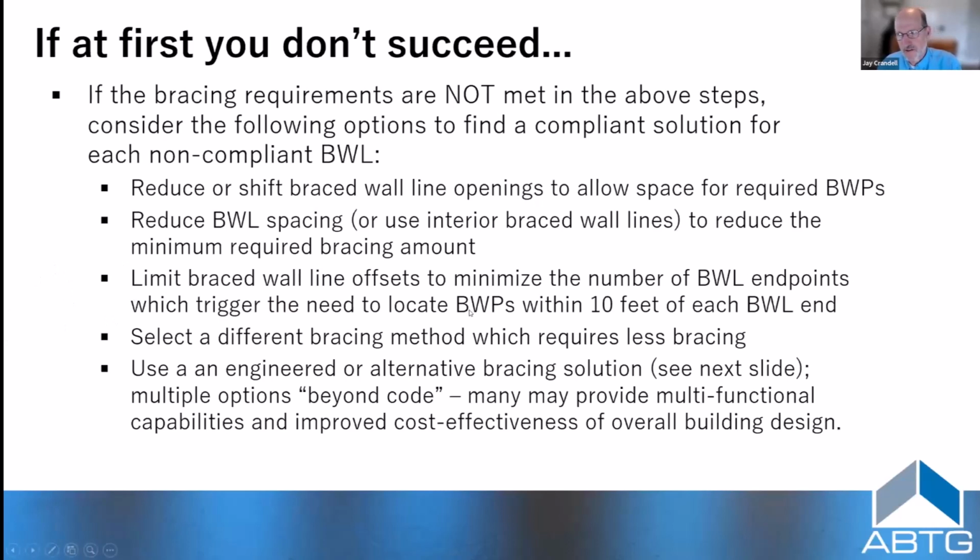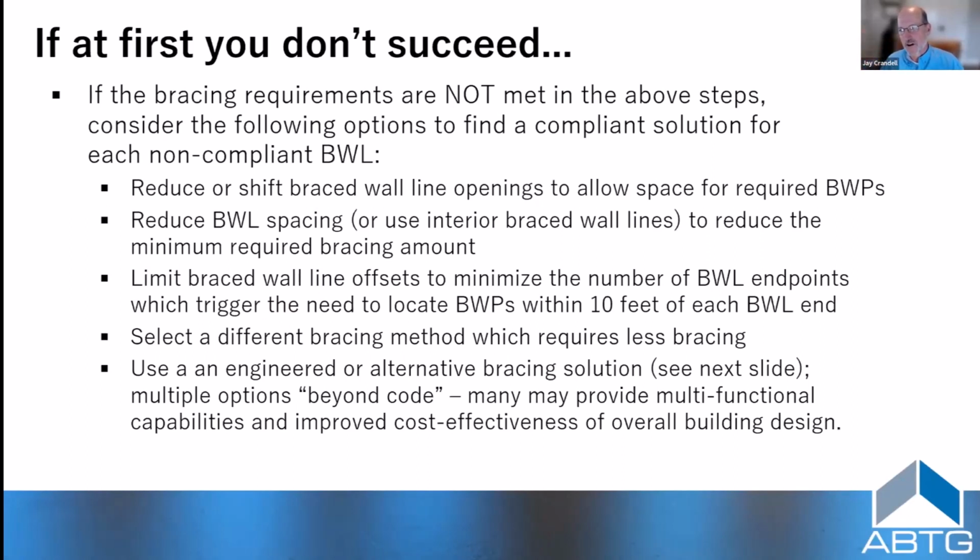Sometimes you limit the offsets so that an entire wall line fits within that 4-foot allowance for offsets, and then you don't have to have 2 separate wall lines along a given side of the building and then different end points from which you have to space the required spacing of panels, which then sometimes adds another panel that you don't really need from a bracing amount standpoint.